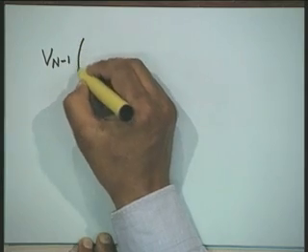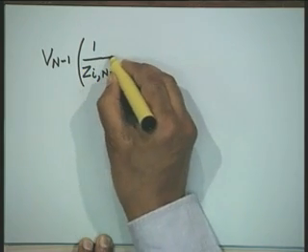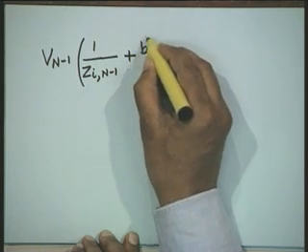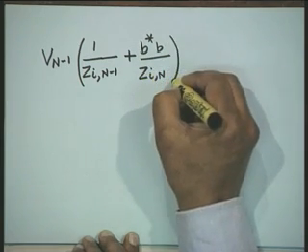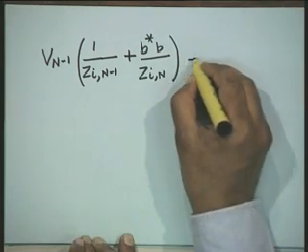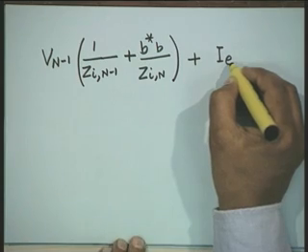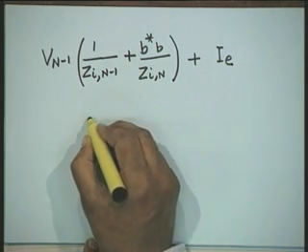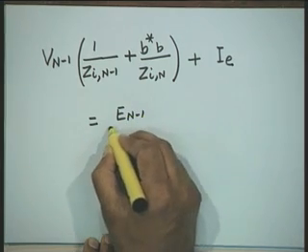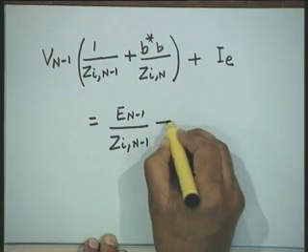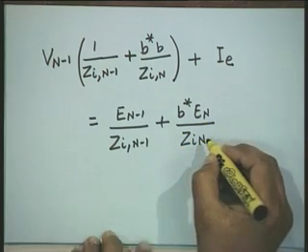Then the coefficient of V n minus 1 we can write down here as 1 upon Z I n minus 1 plus B star B divided by Z I n, plus I e, equal to this term E n minus 1 divided by Z I n minus 1 plus B star E n divided by Z I n.